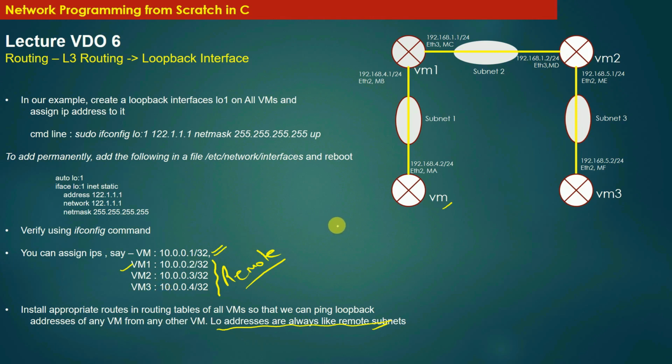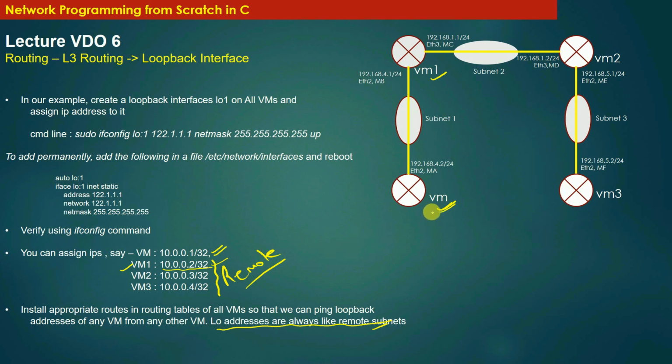Why are they remote subnets? Apply the definition. We learned how to decide whether a given subnet is a remote subnet or a local subnet. Let us talk about virtual machine VM0 as well as virtual machine VM1. VM1 has a loopback address 10.0.0.2/32. Now apply the definition of deciding whether a given subnet is a local subnet or remote subnet.